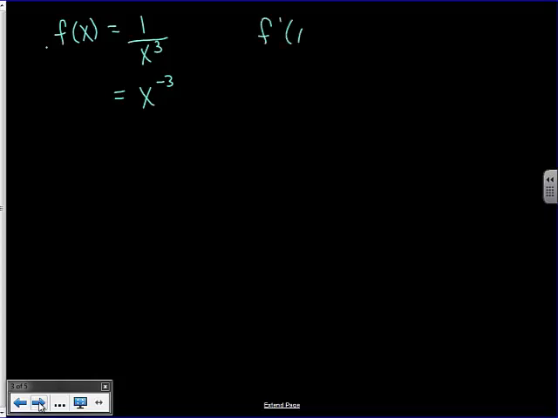So f prime of x equals negative 3 x to the negative 3 minus 1. So that's negative 3x to the negative 4. Let's rewrite that because negative exponents are improper. So that is negative 3 over x raised to the 4. Bringing it above or beneath the fraction bar changes the sign of your exponent. That's just something for you to remember.